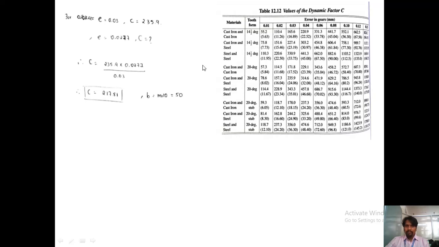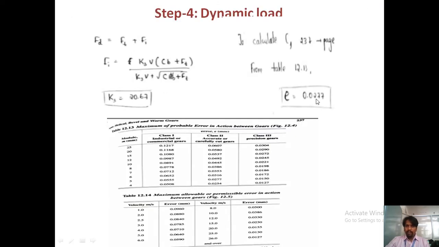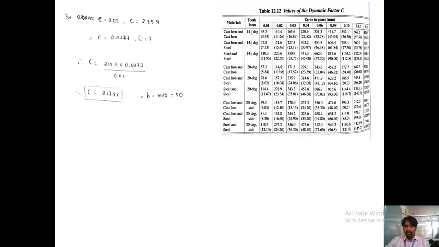For this, the error is 0.0277, which is very near to 0.03. So I will go for cast iron and steel 20 degree and take the dynamic load factor. For error 0.03, I will take the dynamic load factor as 235.9.